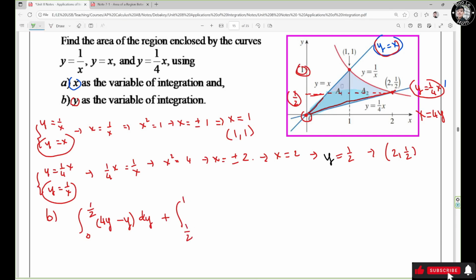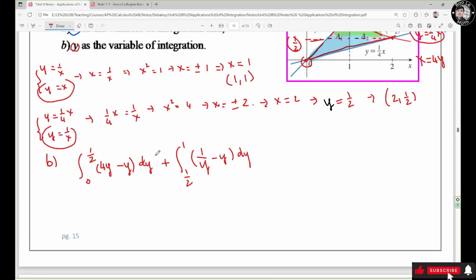Now the region is this one right here, right? So right subtract left, right is right here and left is right here, right? We write this one in terms of y, right? So s equals 1 over y, right? So I have 1 over y subtract y dy, right? Alright, now I'm going to check the antiderivative of this.